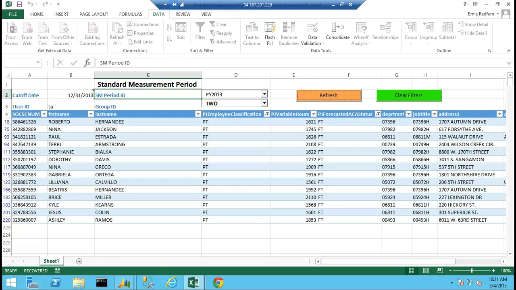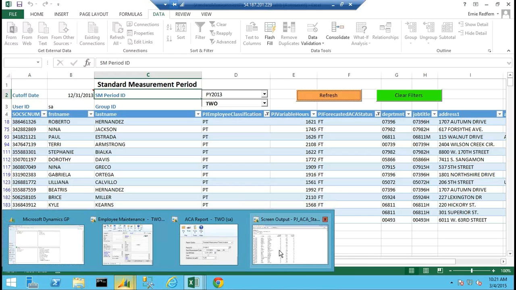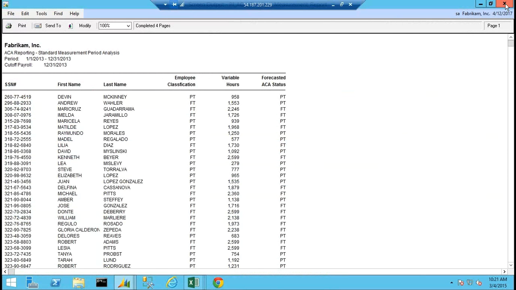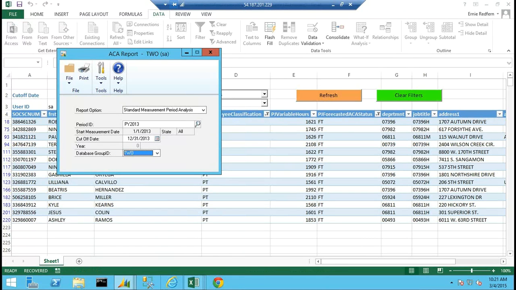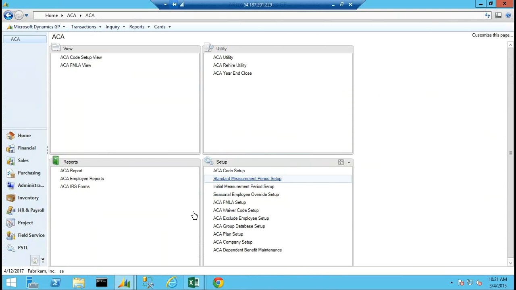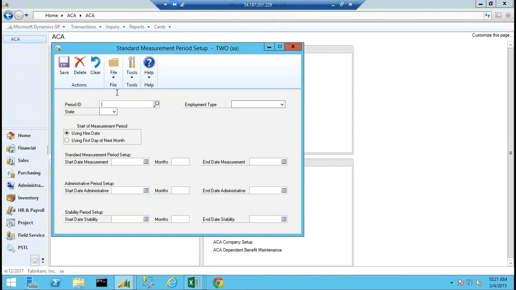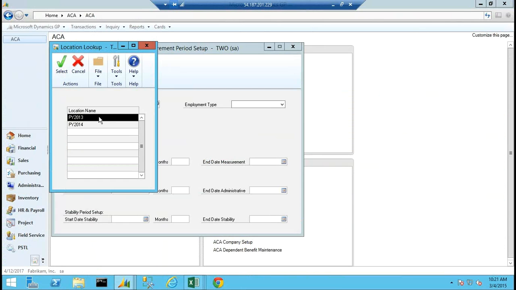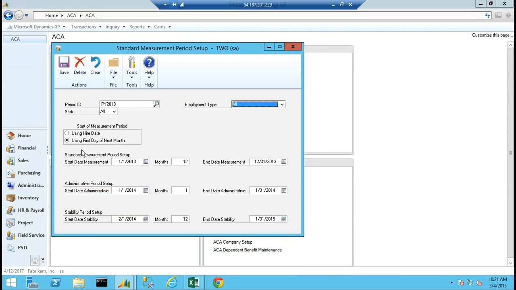Does that mean they've got to wait 23 months to determine eligibility? And the answer is no. New hires get what they call an initial measurement period. And this is where monthly reporting is critical, because all of your new hires are on a monthly initial measurement period. And it looks a lot like the standard measurement period.